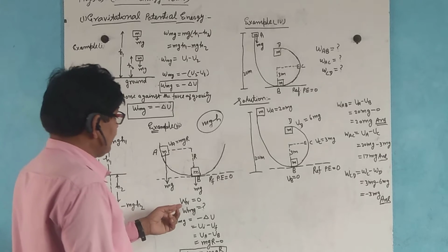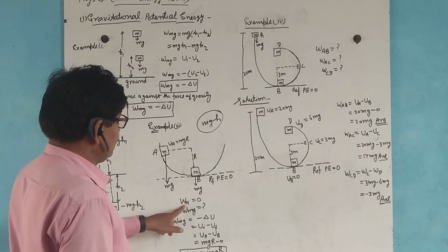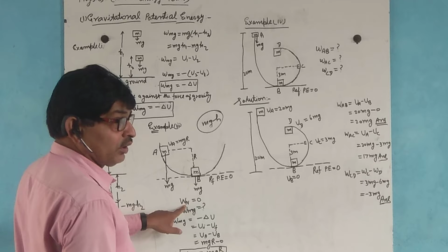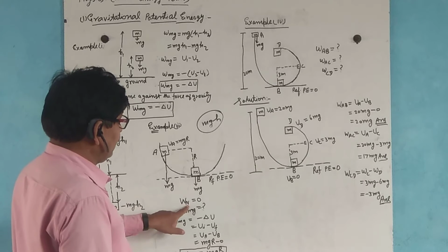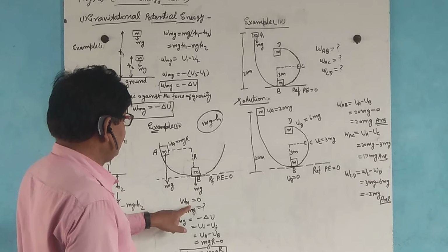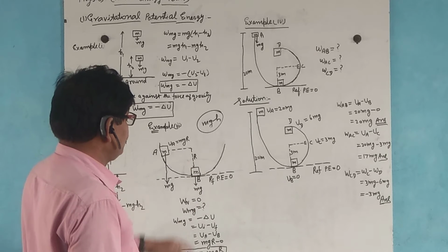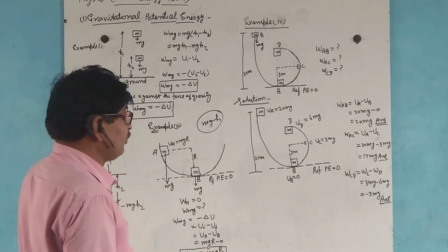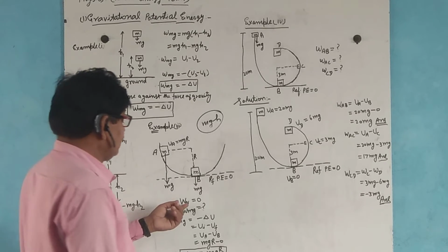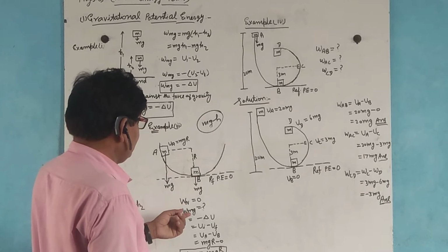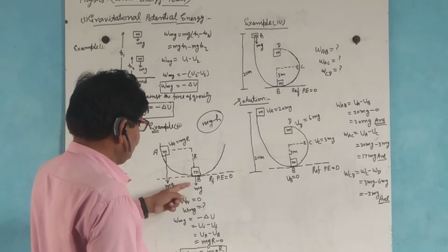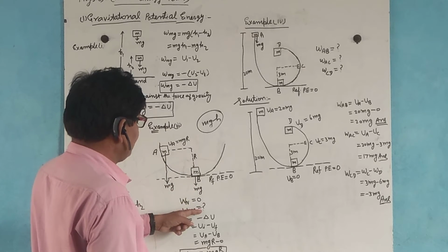Now in this case, the work done by the normal force from the surface is 0, as we studied in the previous videos. The work done against mg we have to calculate.